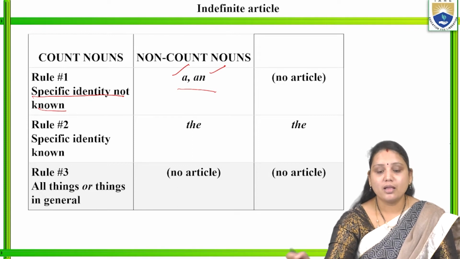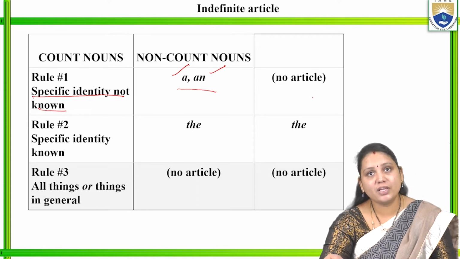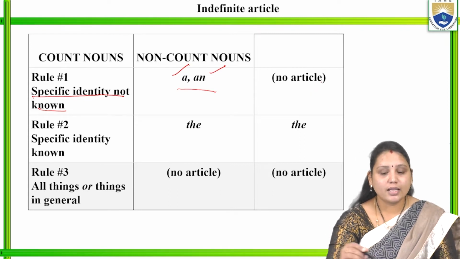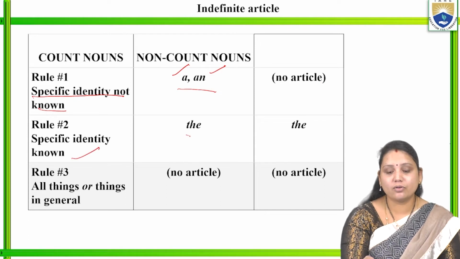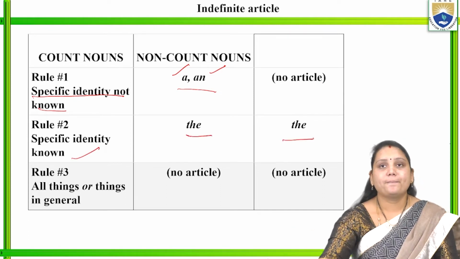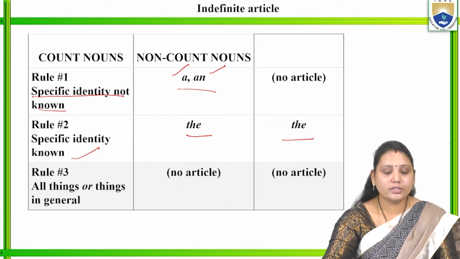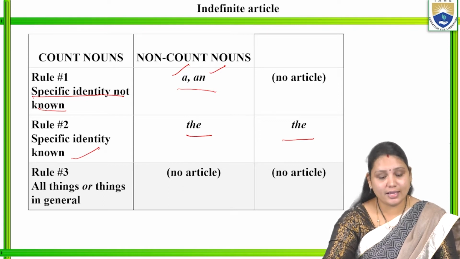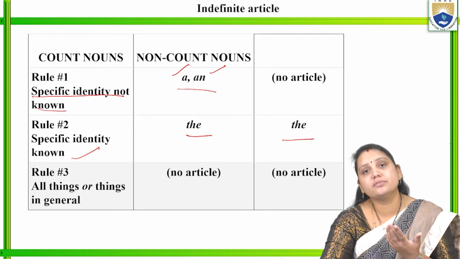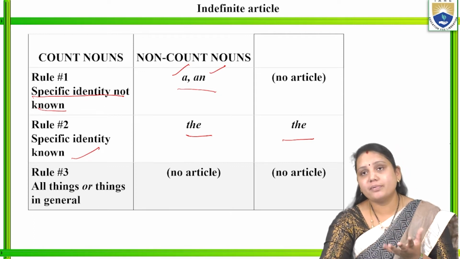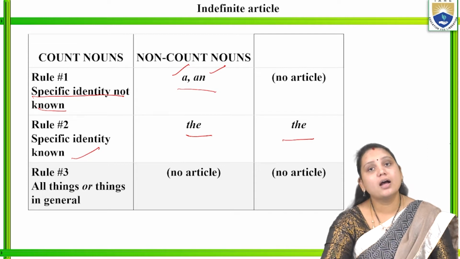Next, rule 2. For specific identity known, what article are we going to use? The. Right? Next, rule 3. Things in general. In general, what are the things we are referring to? Sometimes they will not have any kind of article.